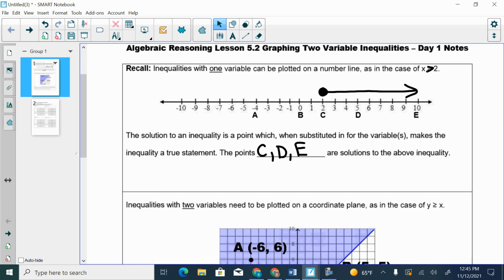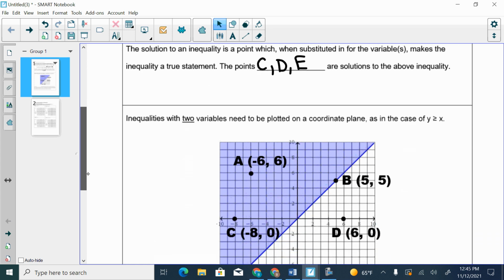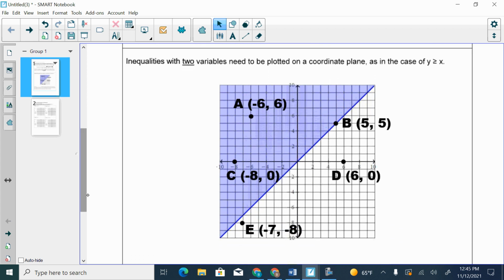All right. So now we're going to compare that to something that we would see on an actual coordinate grid. It says inequalities with 2 variables have to be plotted on a grid like this, right? You have a Y and you have an X. So that's why it has to go on a 2-dimensional coordinate grid like this.